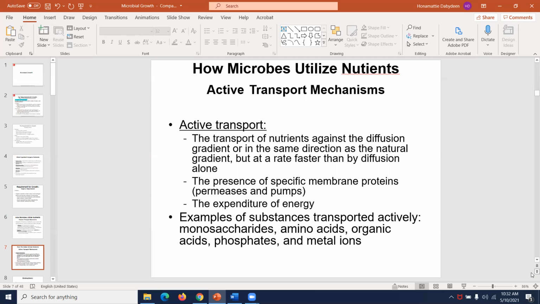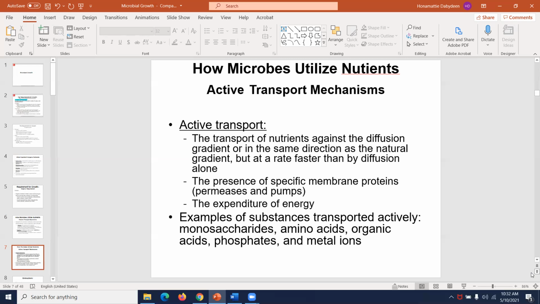Even though many organisms can produce hydrolytic enzymes to hydrolyze some of the large macromolecules, for example, starch, you can hydrolyze the starch to give you plain glucose molecules, but even the glucose is too large to go across.